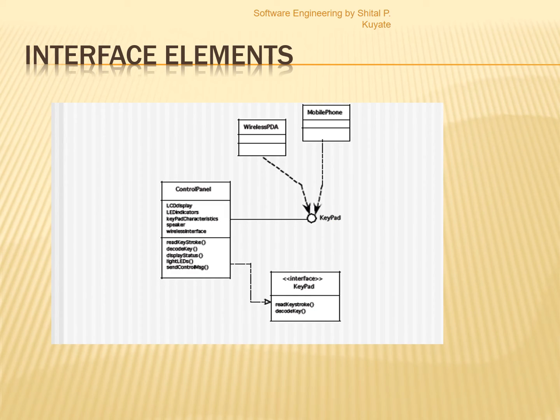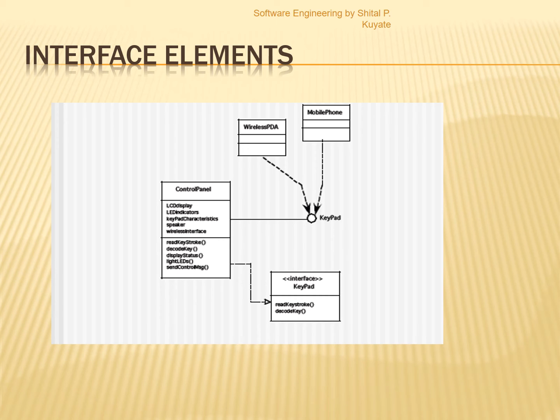Look at this diagram. We have one interface that is very important. It's a keypad, which contains two operations, read keystroke and decode key, that should be implemented by its derived class. So basically that keypad is the interface for the wireless PDA or for mobile phones.